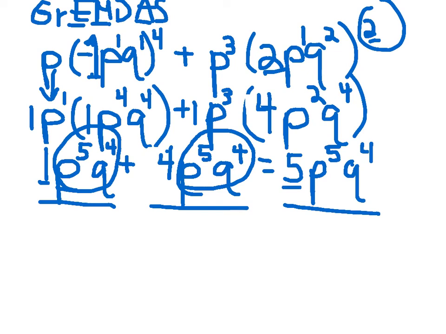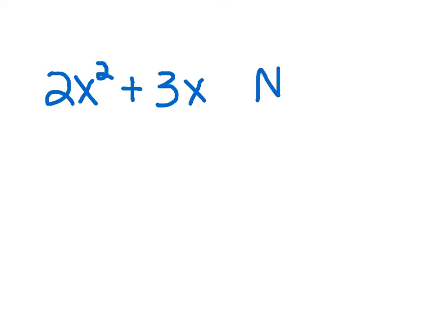Let's see if we need to do any more. Let's just do some random. Say, I've got 2x squared plus 3x. This is sort of a trick here. Some of you may not recognize it. There are no like terms, so I can't combine.